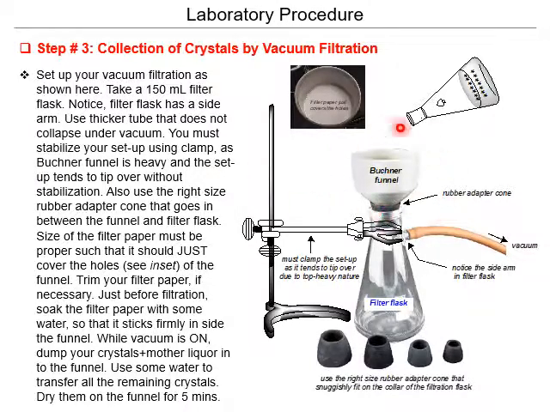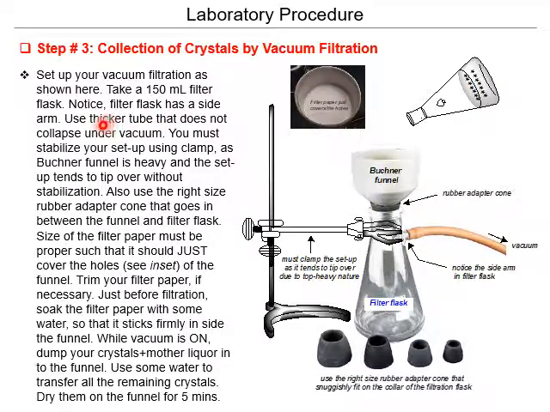You will need a Buchner funnel, your filter flask, and these special rubber stoppers, adapter cones, that you put between the flask and the Buchner funnel. You always need to clamp your instruments, and you'll need a hose that goes to the vacuum. You set it up as is in a 150 milliliter filter flask, because it must have this glass protrusion here, so that the hose can be attached to it.